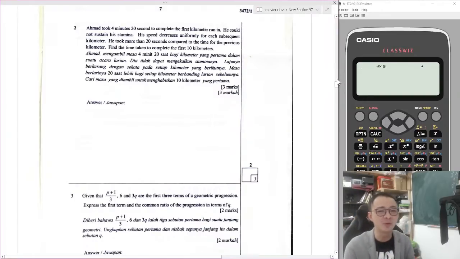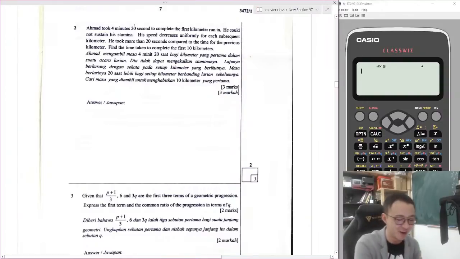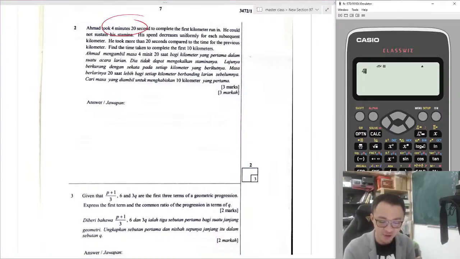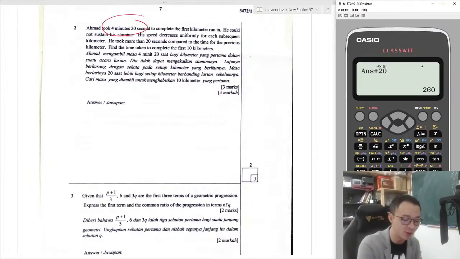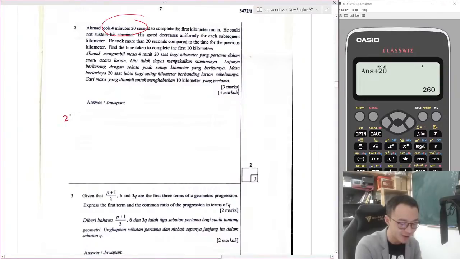So what I want to do right now is change the first kilometer into seconds, it's easier for me. So 4 minutes times 60 seconds is 240 seconds, plus another 20 seconds. So this will be my a value, 260 seconds. This is the first kilometer.